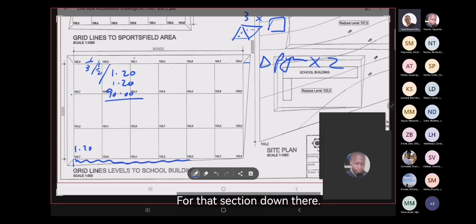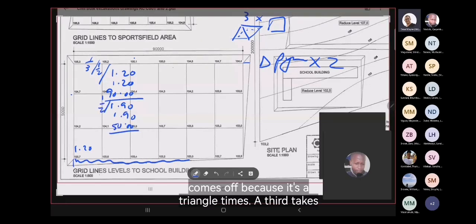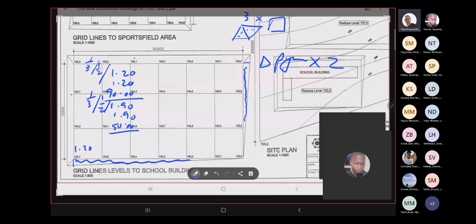For that section down there, it would be 1.9 times 50 times half, because it's a triangle, times a third. That takes care of that section. But now what about these sections down there? How do I do those?